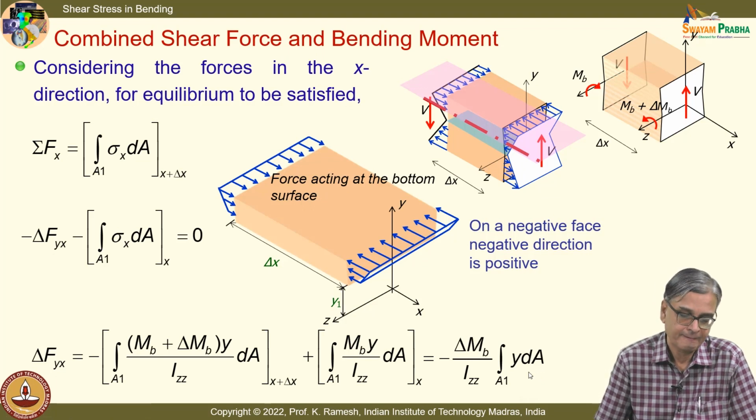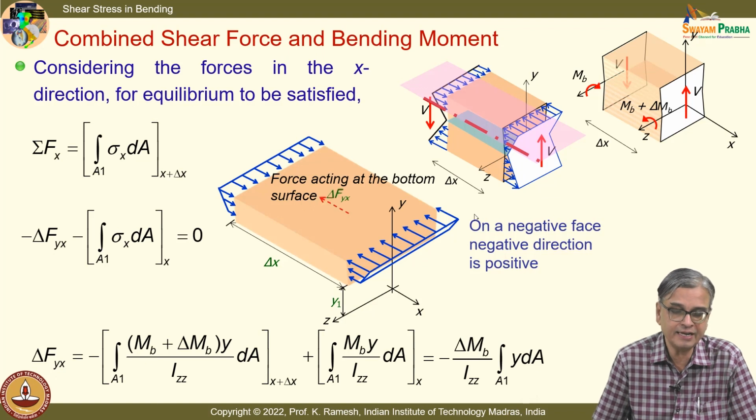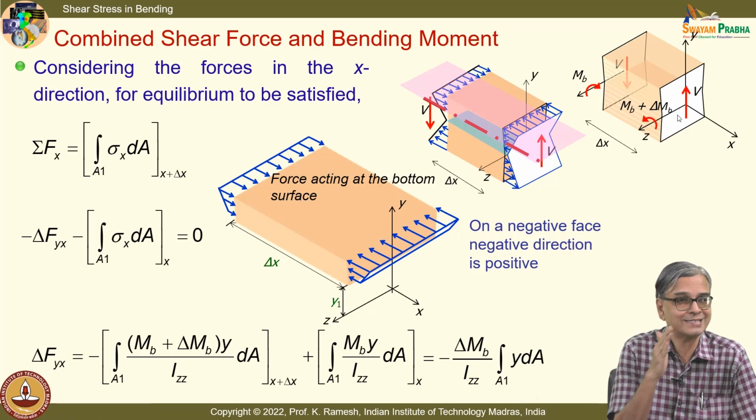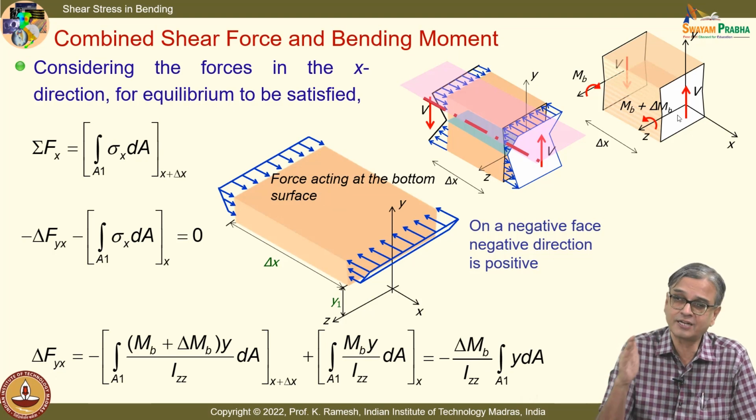Okay. So, what we have actually done is, we have recognized that bending moment varies along the x axis, and we have utilized the flexure formula using Mb at this cross section, using Mb plus delta Mb at this cross section, and we realized because the bending moment is different, the stresses are different on this, consequently the forces are different.